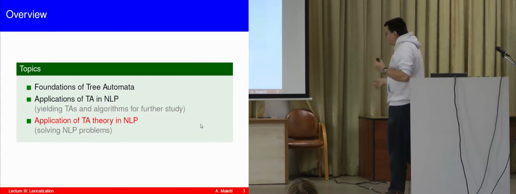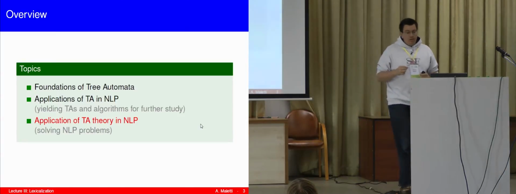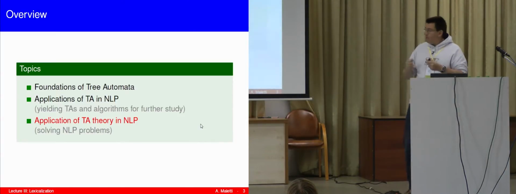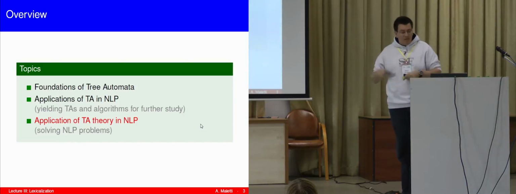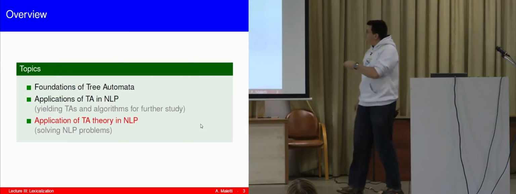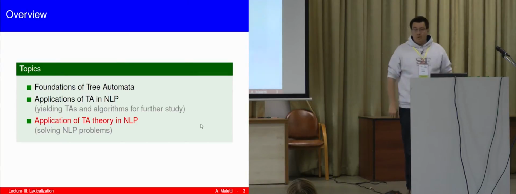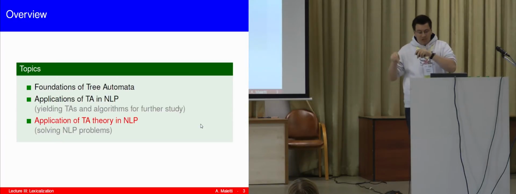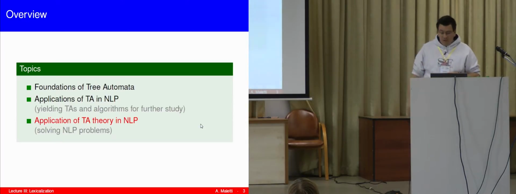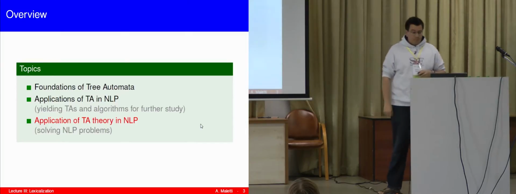And today I want to do it the other way around. Here you could get your devices and solve a problem for that device. Now we'll do it the other way around. We'll try to import a bit of tree automata theory into natural language processing. So we'll try to solve a theoretical problem of theirs using the theory that has been developed for tree automata.